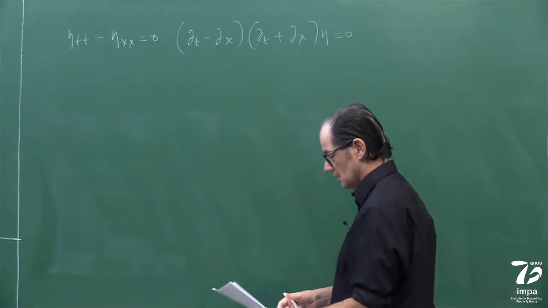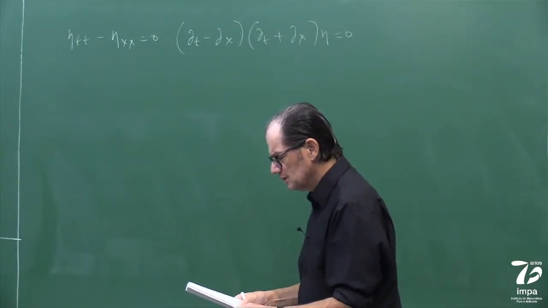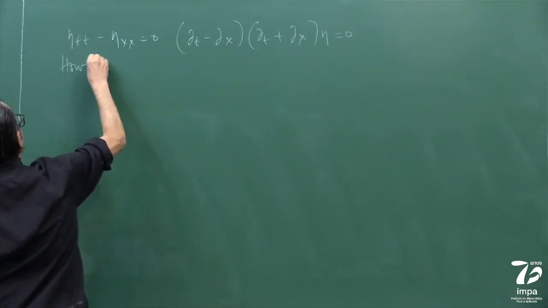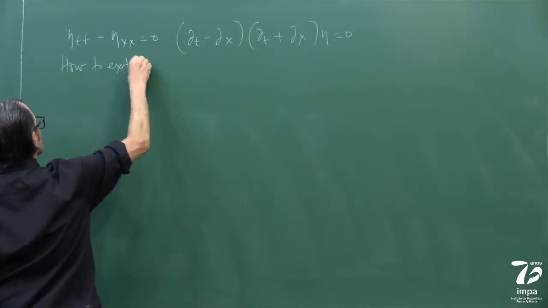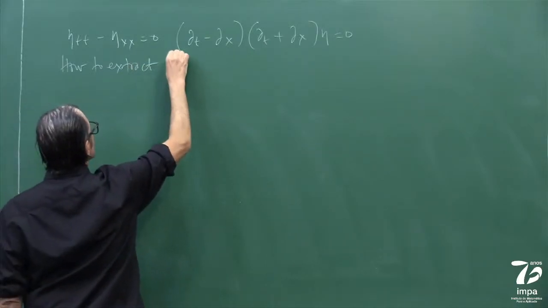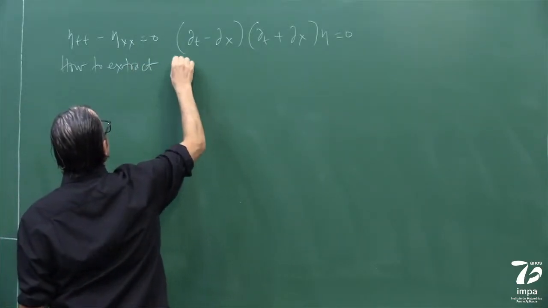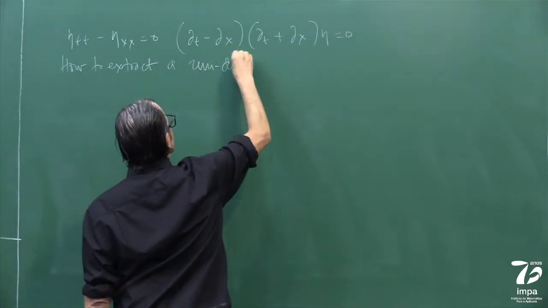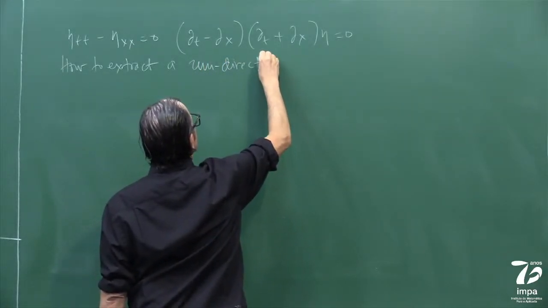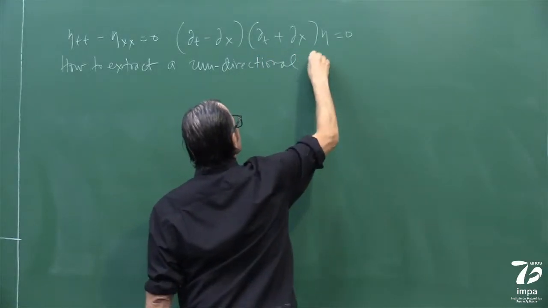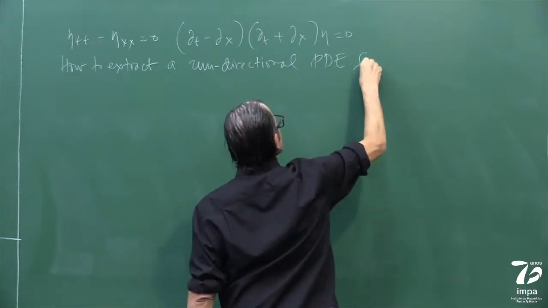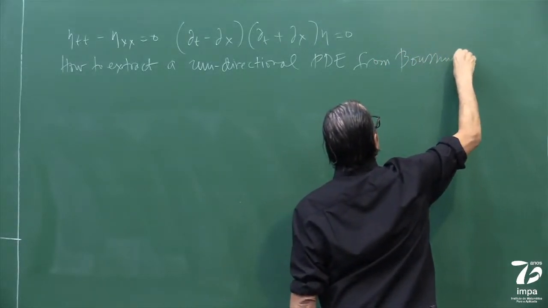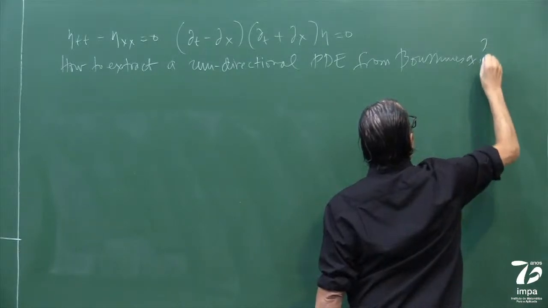Okay. So the question is, and I'm not going to do all the details on purpose, how to extract a unidirectional PDE from Boussinesq.